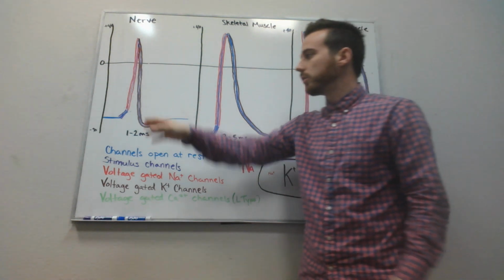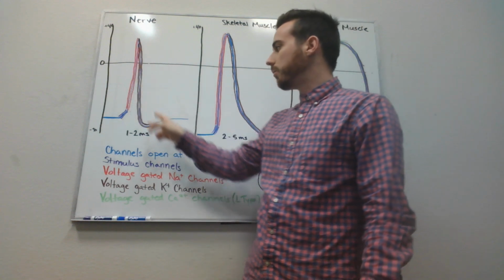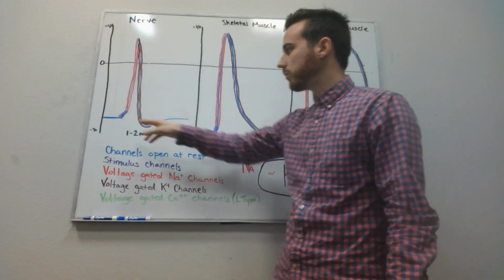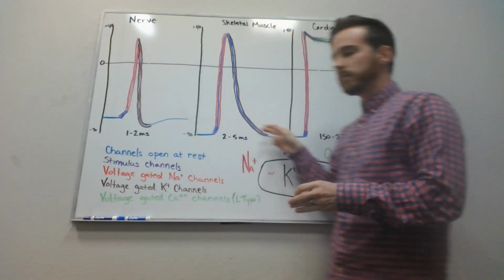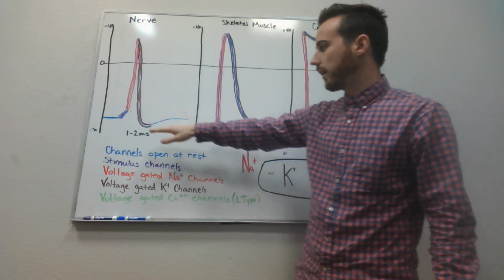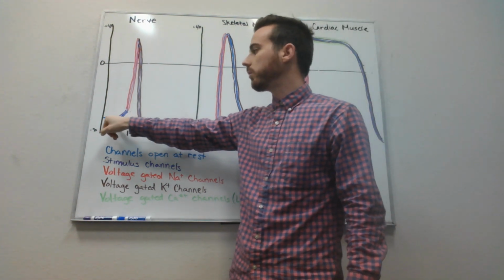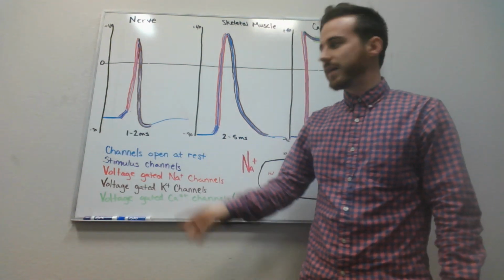So let's go ahead and start with the nervous action potential. These channels that are open at rest, they're going to be open pretty much the whole time. So this blue line follows the entire action potential. That's going to be the same for all of them. Now, resting membrane potential in nervous tissue is typically going to be around -70. Now that can vary, but that's going to be a typical value.